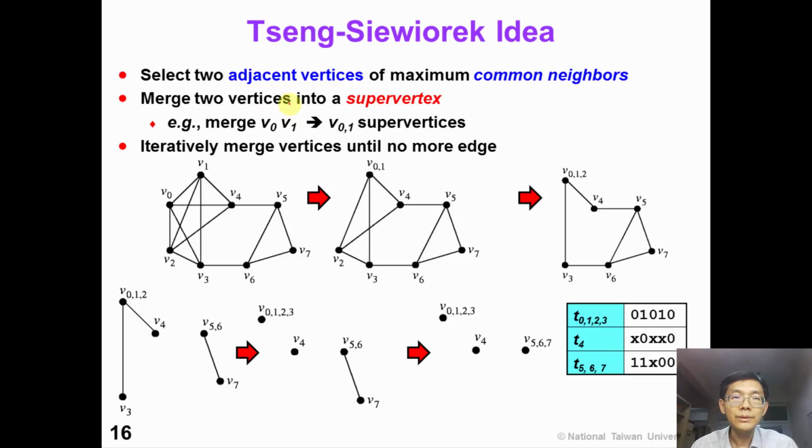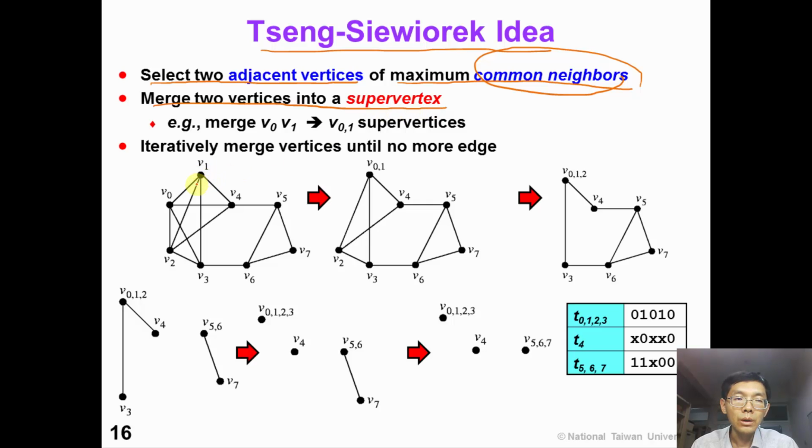The idea of the Tseng and Siewiorek algorithm is very simple. Each time we select 2 adjacent vertices of maximum common neighbors. This is why it is a greedy algorithm. We merge these 2 vertices into a big super vertex.